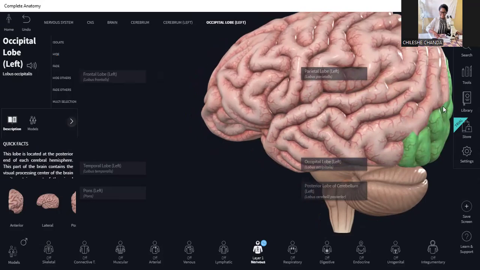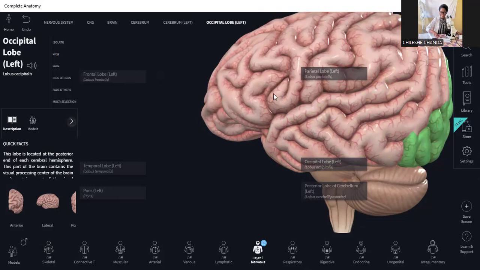This is the posterior-most portion of the brain, and it is separated from the parietal lobe by a plane that is known as the parieto-occipital sulcus, or the parieto-occipital plane.